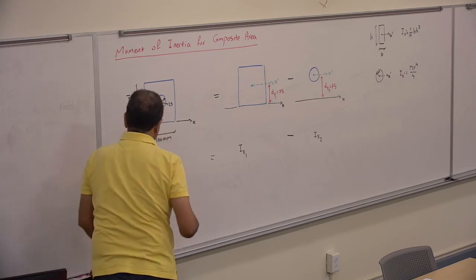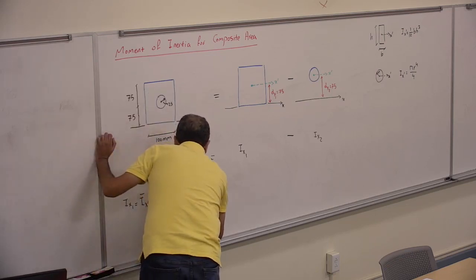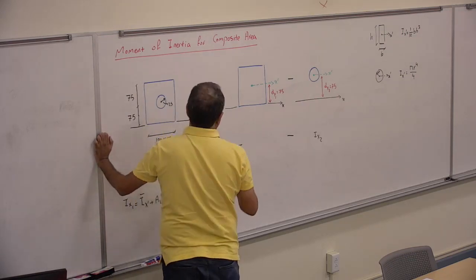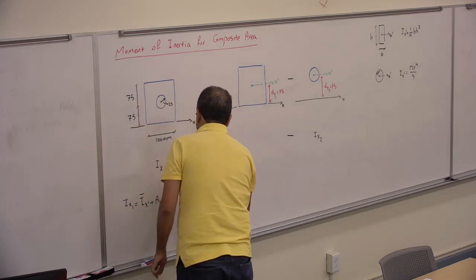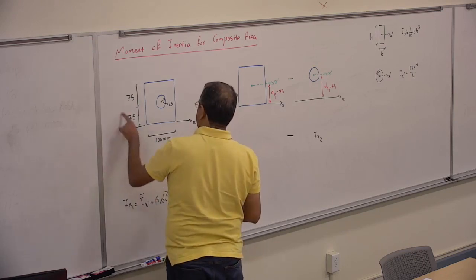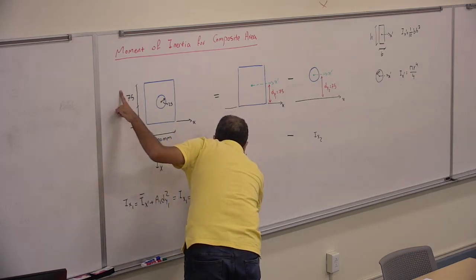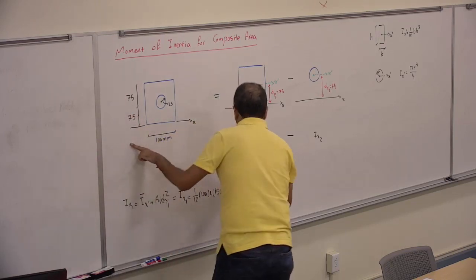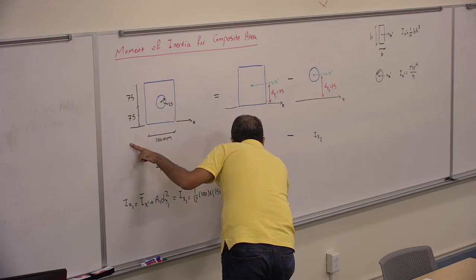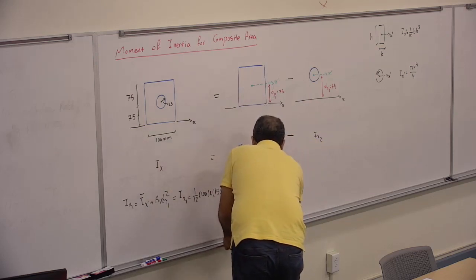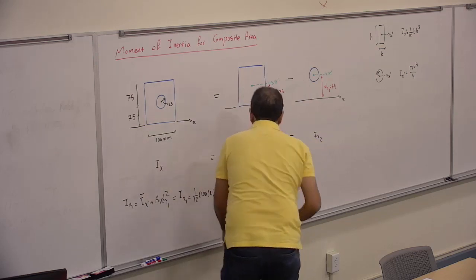So I about x1 is 1/12 times b times h, which is going to be 100 times 150 cubed, plus A, which is 100 times 150, and dy1 is going to be 75 squared.